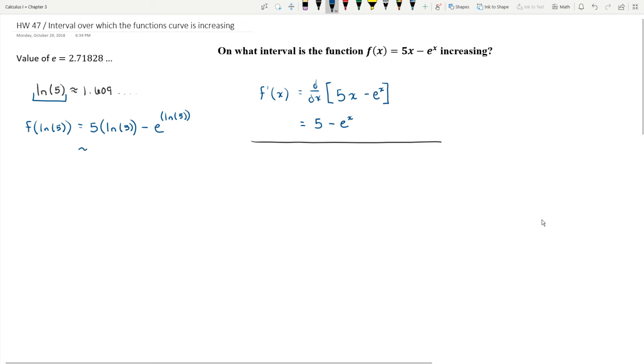And this gives us an approximate value of 3.047. So now we do have the point at which this function has a horizontal tangent, and that point is ln of 5, and the y value is roughly 3.047.